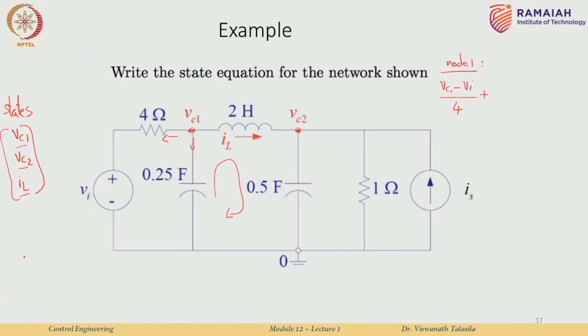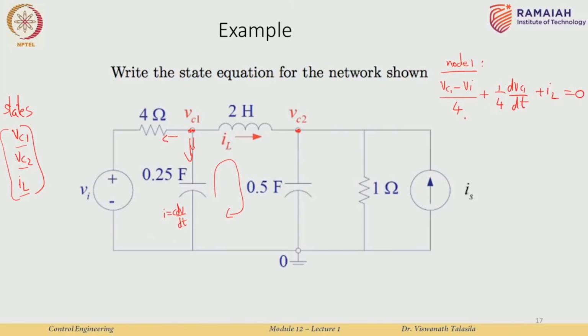Okay. So, this current through this I am going to write by using this constitutive relationship I equal to C dV by dt. So, this is basically going to be C is 0.25, that is 1 over 4 dVc1 by dt, that is the current in this particular branch, right, and the current in this particular branch which is going out is just IL. Now, this is equal to 0. Okay.